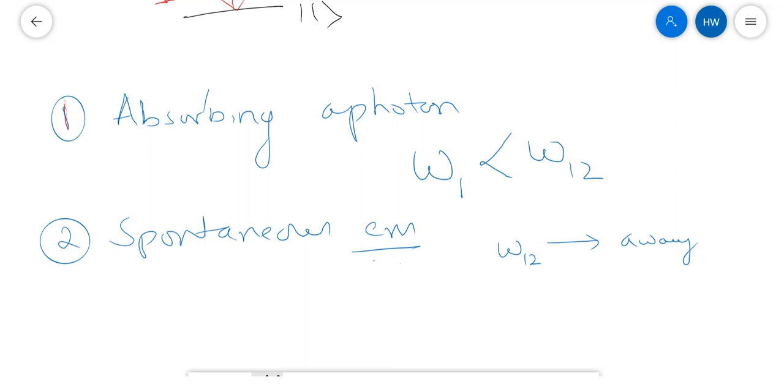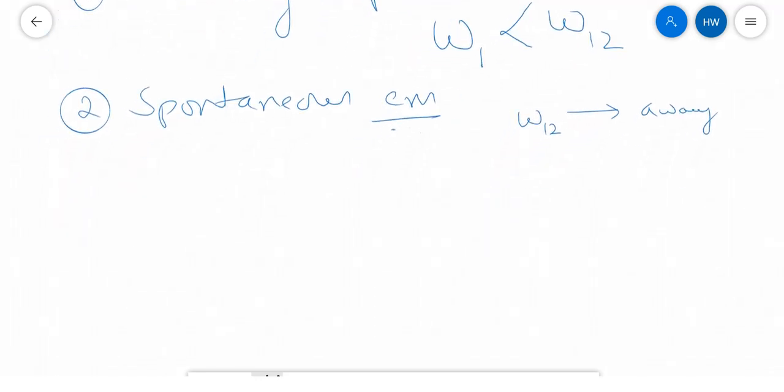That this extra energy has to be brought out by the atom in some manner, and what it does is it uses the external degree of freedom, which is its motional kinetic energy, which is converted. The photon that goes away, because of spontaneous emission, carries away this little deficit, which corresponds to the energy gotten from the external degree of freedom, which is the kinetic energy of the atom itself, thereby lowering its kinetic energy.